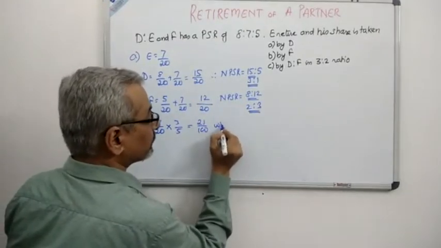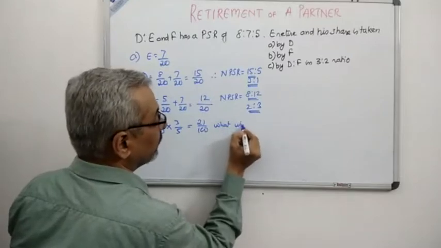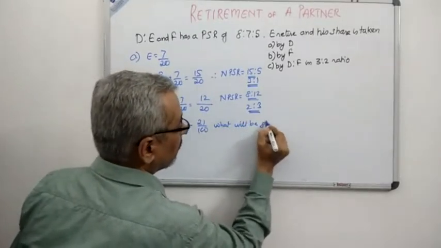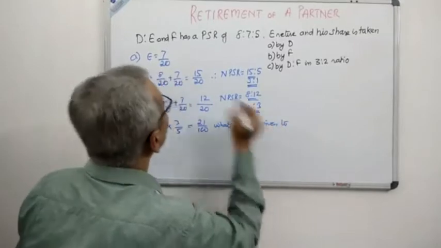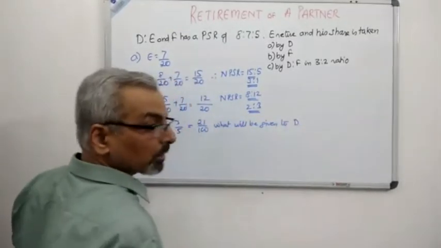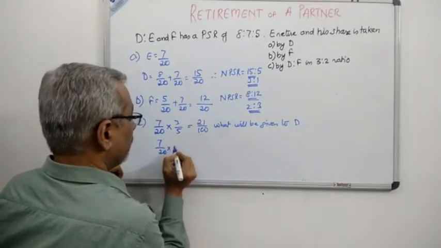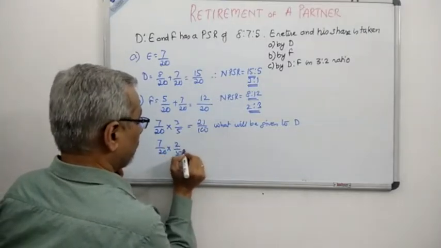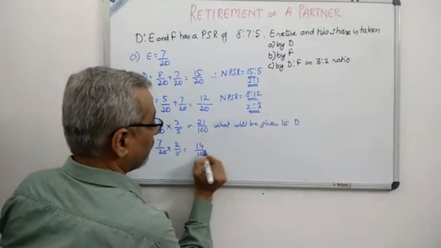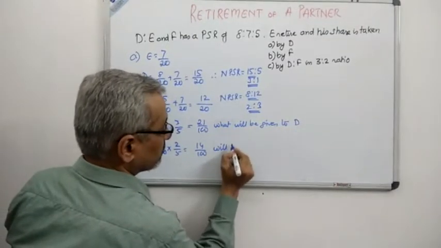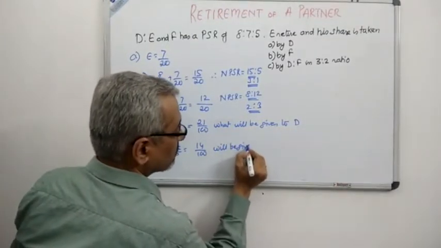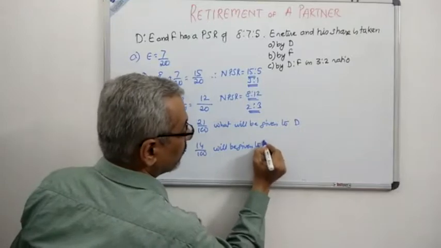This is what will be given to D. Okay, and next one you can see 7 by 20 into 2 by 5, that is 14 by 100, will be given to F.